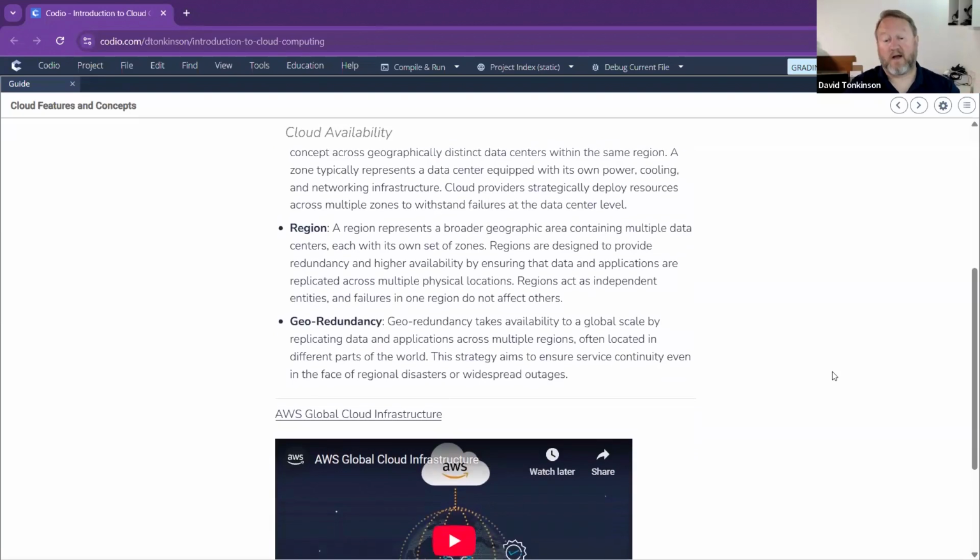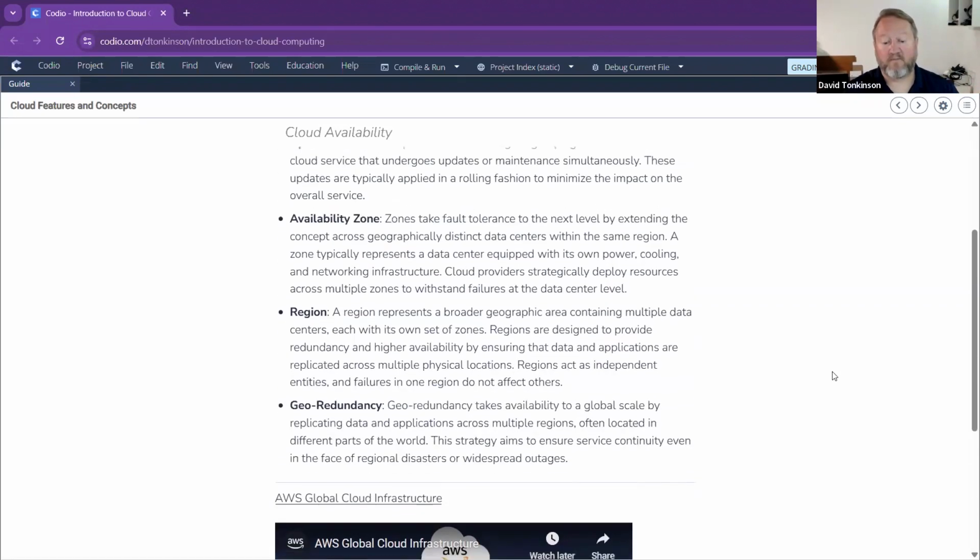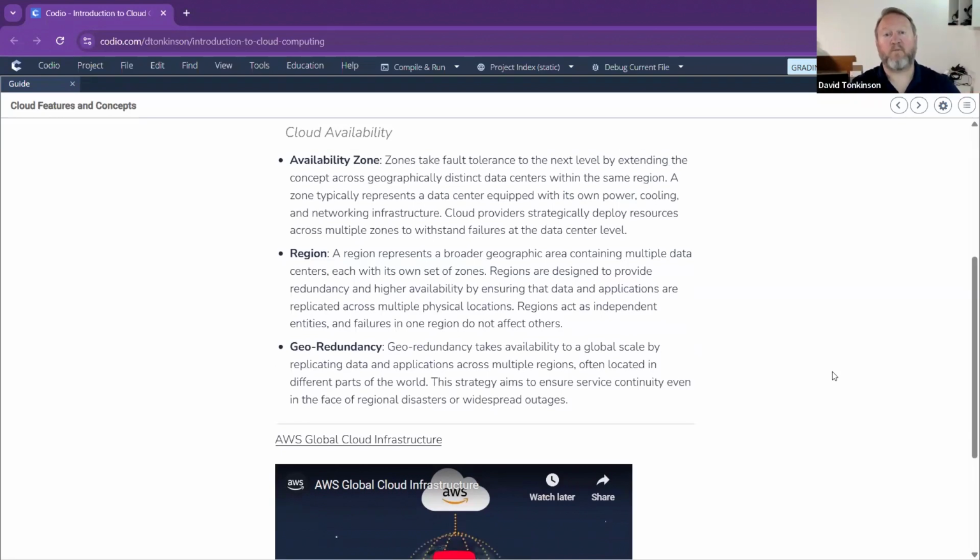We then broaden that with the word region. So we have zones and then we have regions. The region represents a broader geographical location. It will contain multiple data centers, each with its own set of zones. So regions provide redundancy. If something goes totally wrong with a particular area, a particular zone, then the region doesn't matter, but you pay a bit extra to say I want my stuff spread around a region, and you can put it in multiple regions.